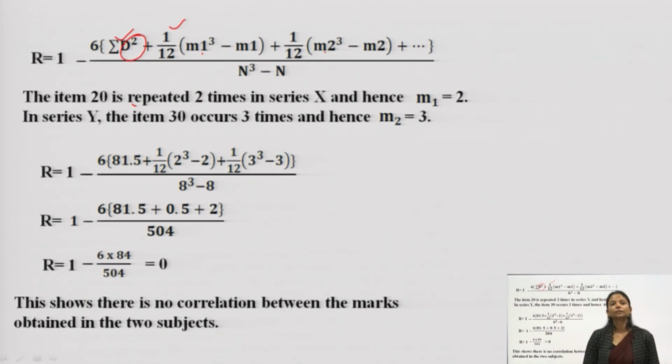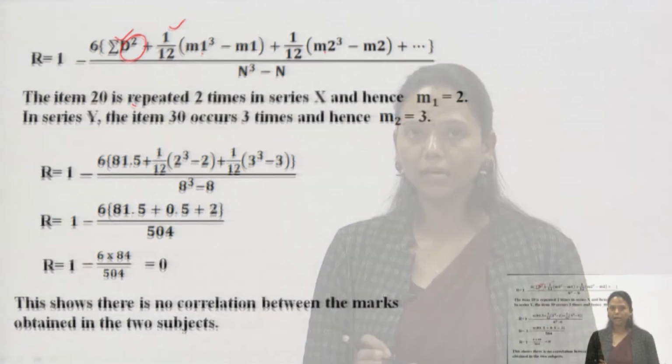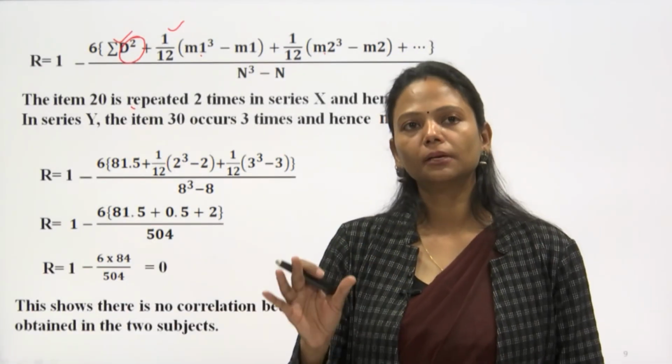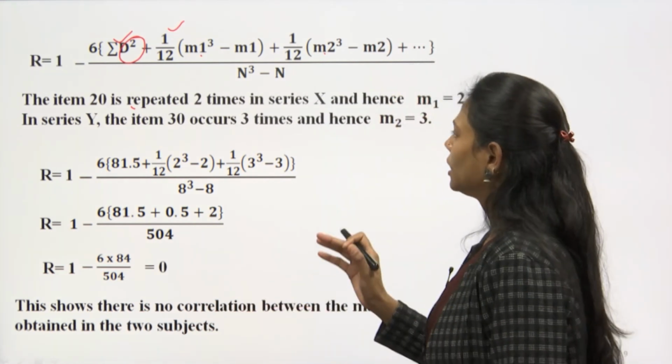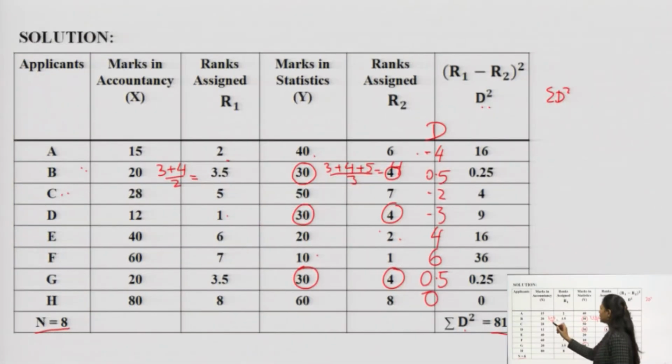M is the number of people with the same rank. That means, here is item 20 which is repeating itself 2 times, whereas here is item 30 which is repeating itself 3 times.